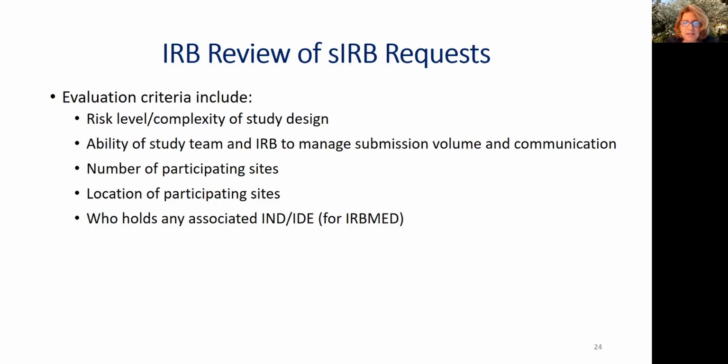And we may make a decision not to be the IRB of record because that relationship between that PI and that IND or that IDE means there's a tremendous amount of direct communication and additional obligations that flow with that. And so IRBs may decide that they're not going to take on single IRB if that's the case.